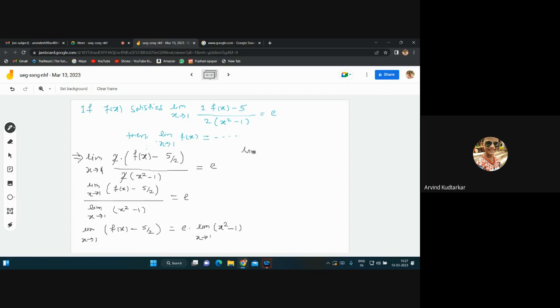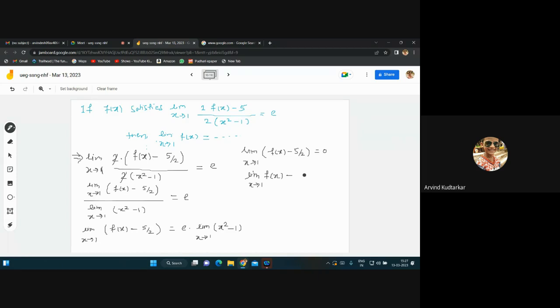So limit as x tends to 1 of f of x minus pi by 2 is equal to 0. Here, applying the limit individually, no limit will be applied on the constant function, the constant function is pi by 2, but the limit will be applied on the function with x. So the limit as x tends to 1 of f of x, and we will not apply the limit on the constant function pi by 2.